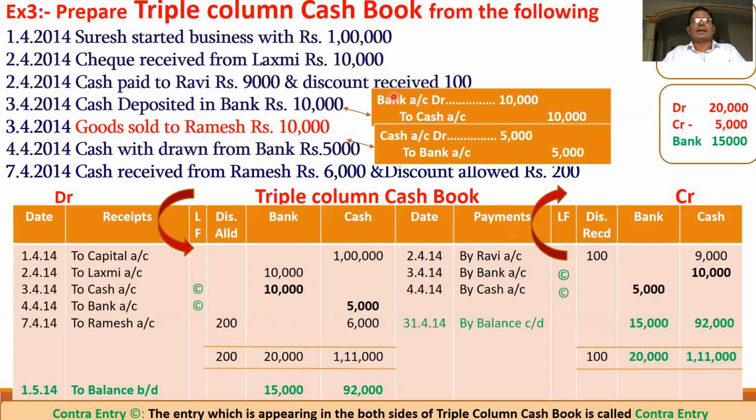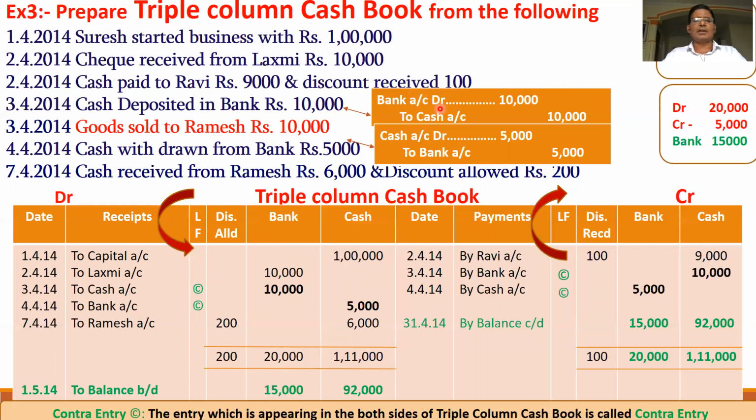Once again, bank account to cash account. So there are three contra entries: cash deposited in bank, cash withdrawn from bank, and a check received on one date and sent to bank on another date.